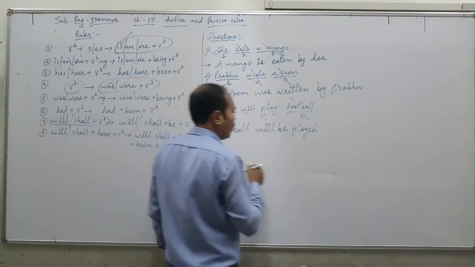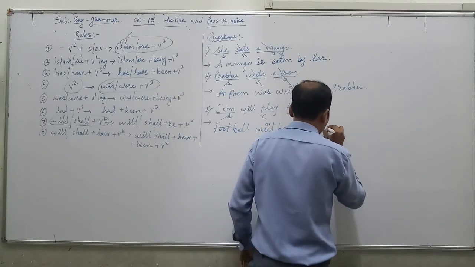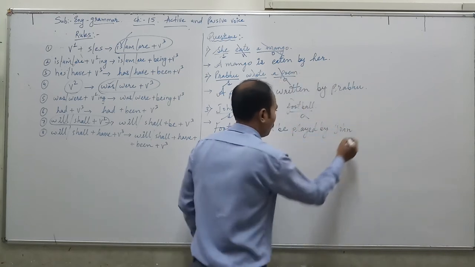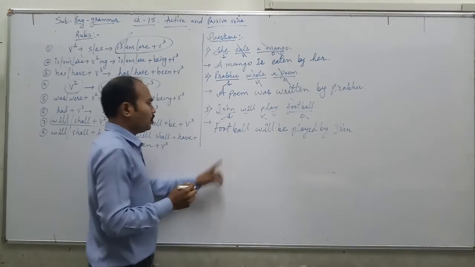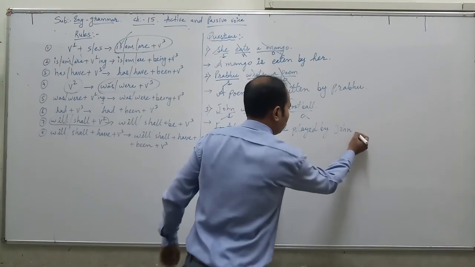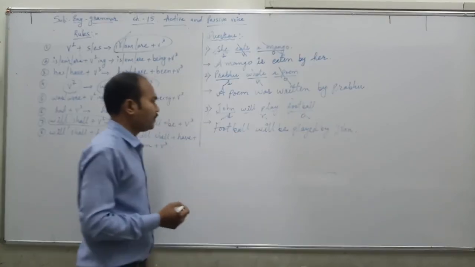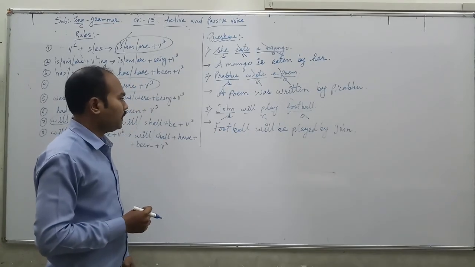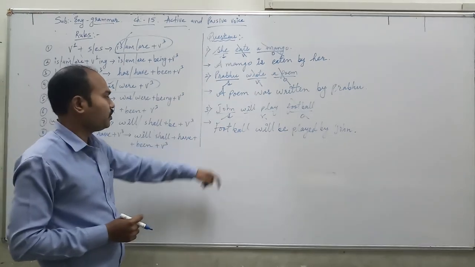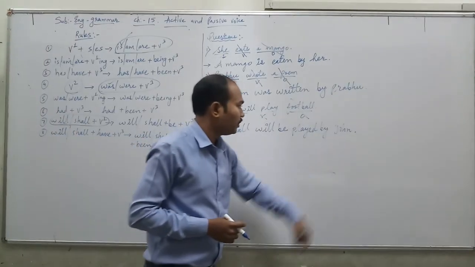Completing this, the preposition by we have to write over here, then John, the subject. So football will be played by John. In this way, you have to change active voice into passive voice. Football will be played by John.